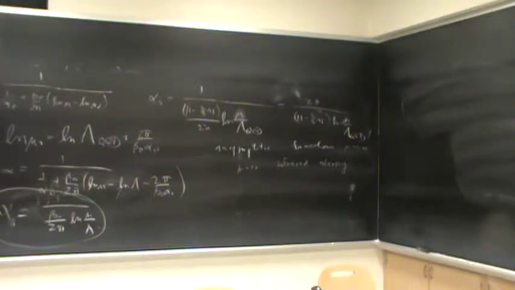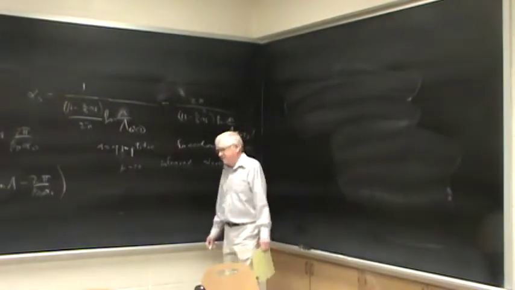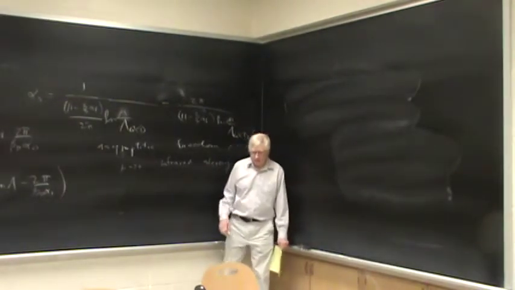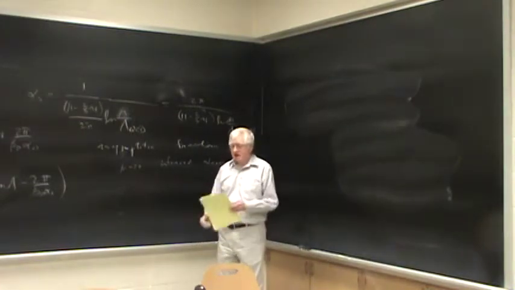So instead now we want to turn back to or resume our discussion of symmetries, and they can be explicit or broken, and if they're broken, they can be spontaneously broken or explicitly broken.